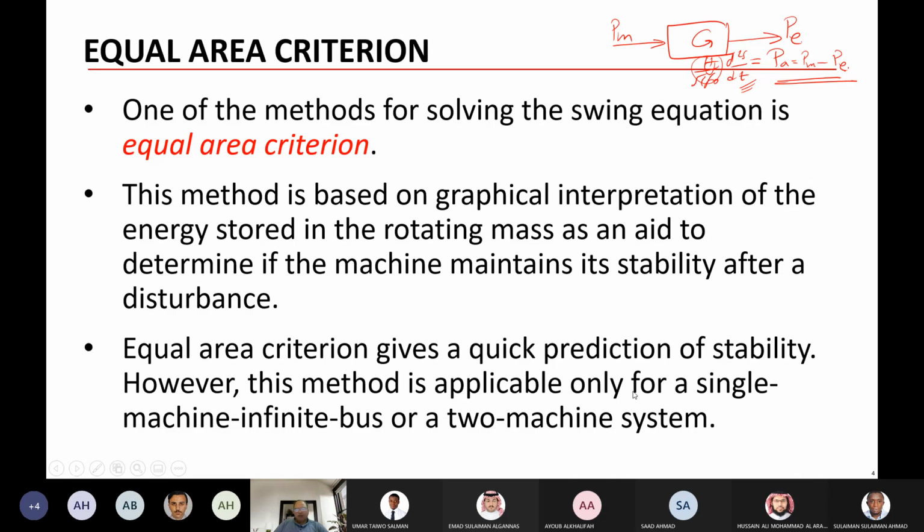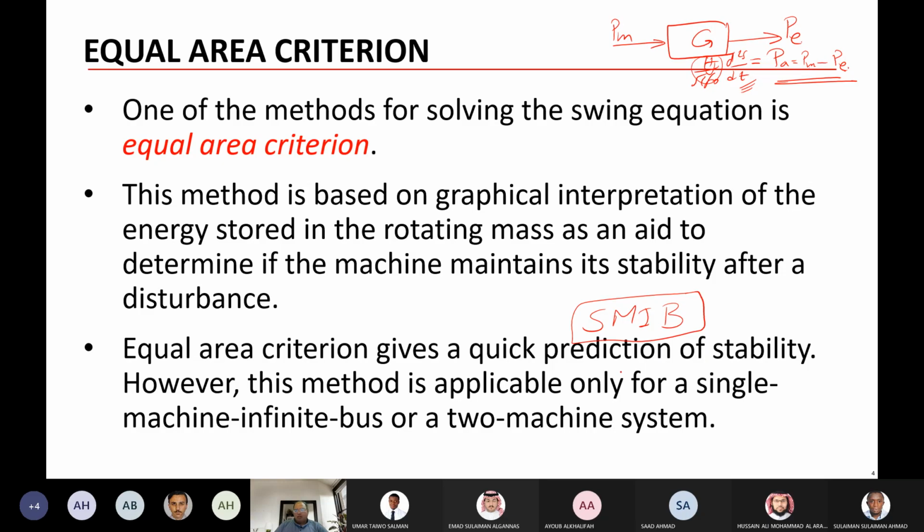However, this method is applicable only for a single machine infinite bus or a two-machine system, and this is the limitation of the equal area criteria. Usually, when you want to implement this on a multi-machine system, you consider the other machines as an infinite bus, and you focus on a certain generator whose response you want to check.